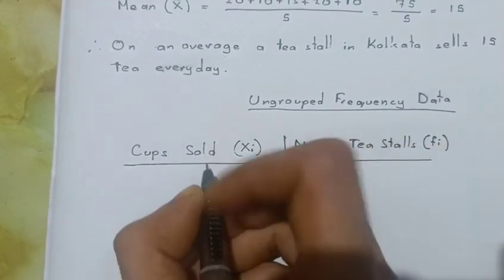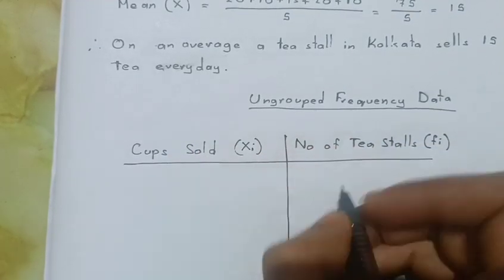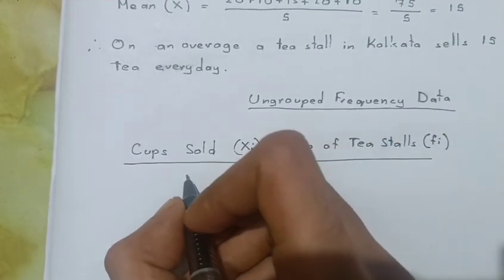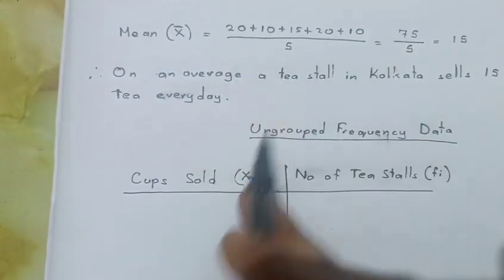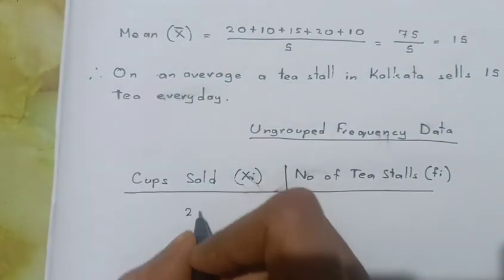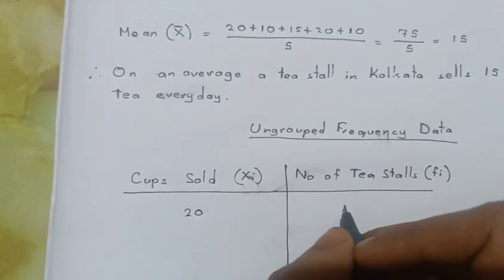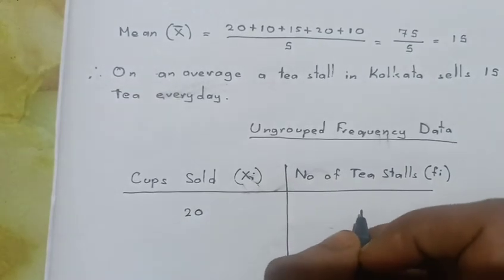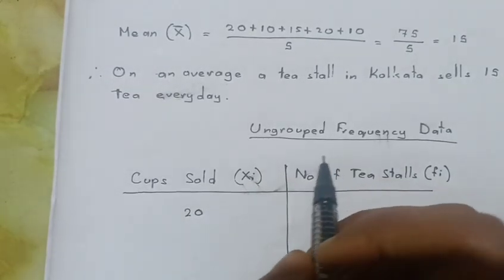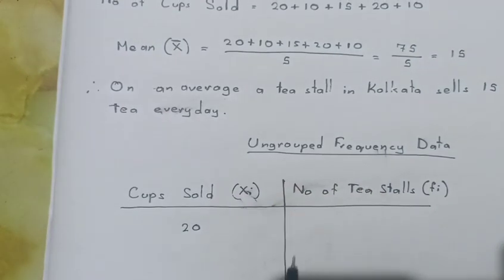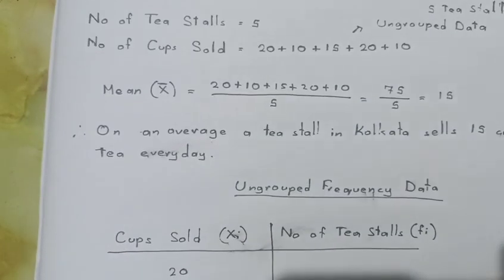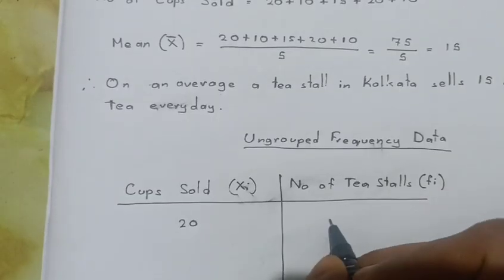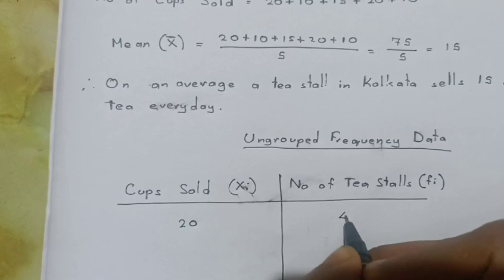Let's just use this data: cups sold 20, but this time the number of tea stalls that sell 20 cups of tea will be, let's say, 4.